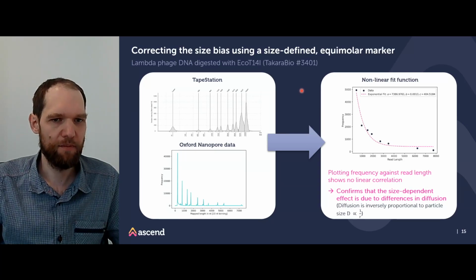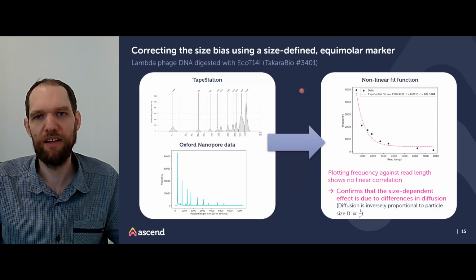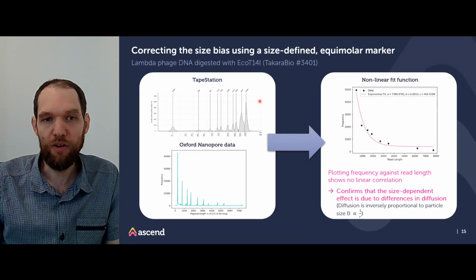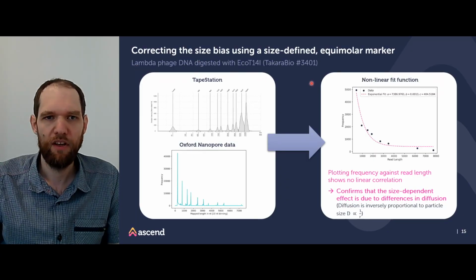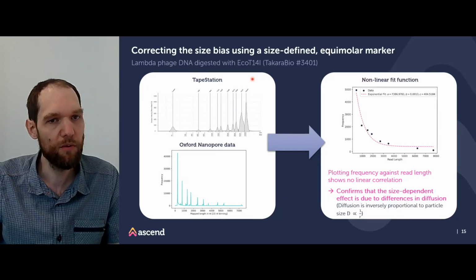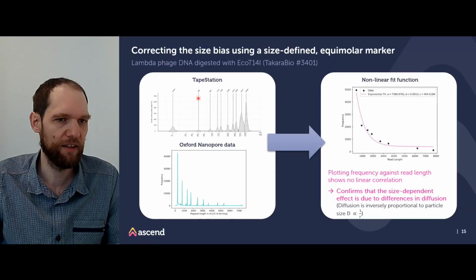We need a marker with varying sizes that are present in equimolar amounts. So how can we get this? Well, we can simply take a lambda phage DNA and digest it with a restriction enzyme. And we bought this actually to have it in a very reproducible way, but you can also do it by yourself and simply digest a lambda phage DNA.